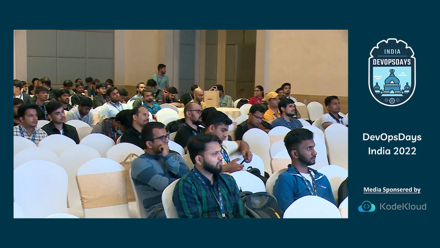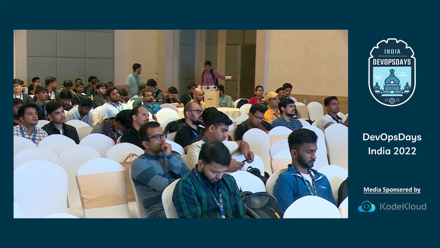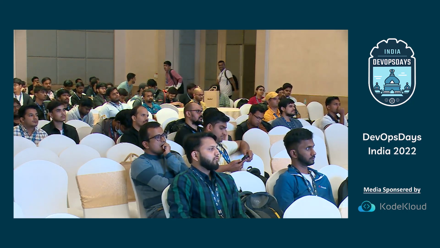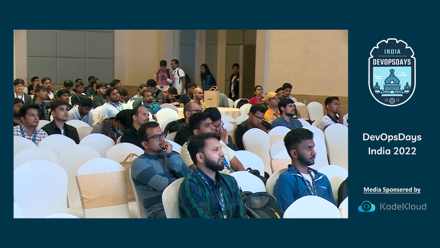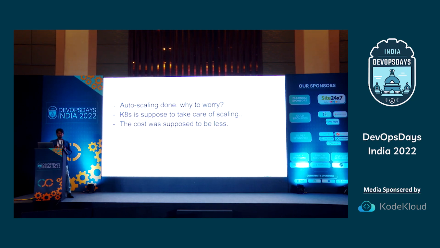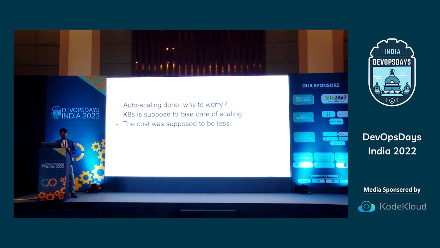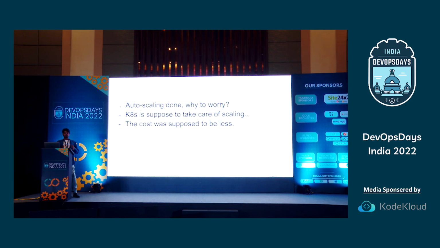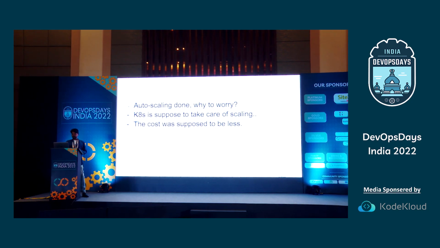So a few things: when you spin up a Kubernetes cluster and deploy on it, we set up auto scaling using cluster autoscaler or Karpenter or the cloud managed autoscaler, and we think it's done. It's assumed that if you want to deploy anything, Kubernetes is there and it is going to work.